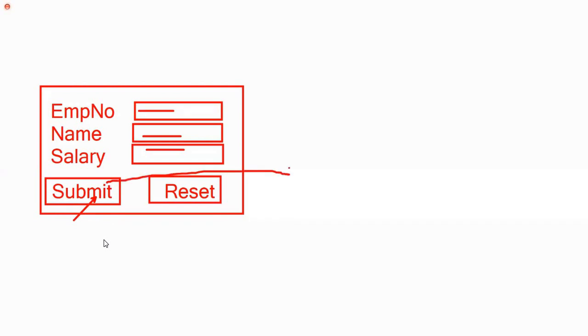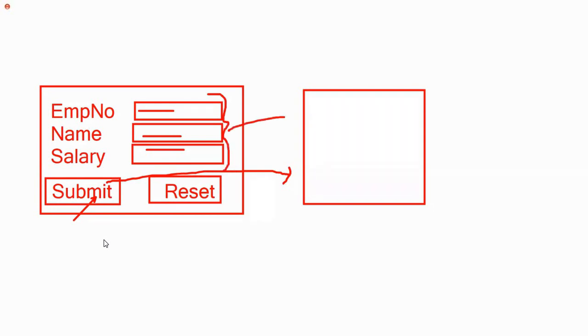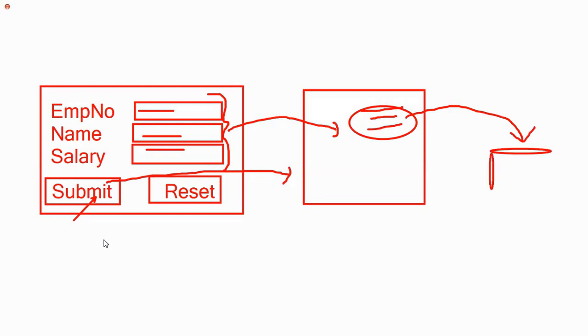Then what will happen? One more Java program will receive whatever you entered. This Java program you will see further in Servlets and JSPs. So it is HTML here, and the Servlet will receive this data and store it in the database. Then dynamic queries are required.